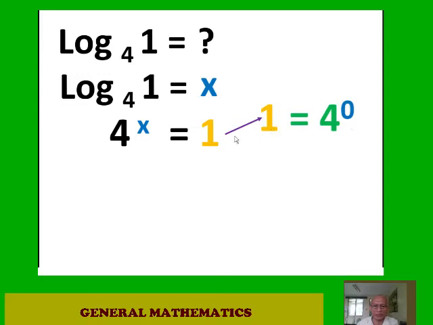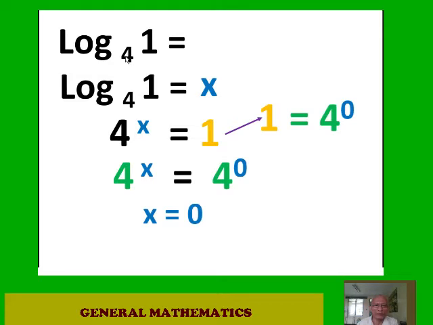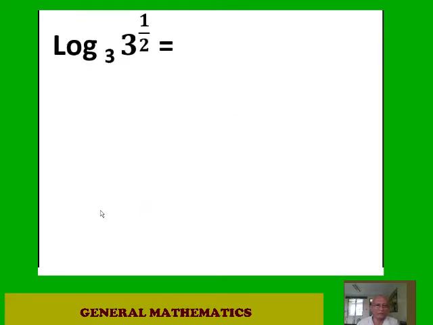So we choose 4 as the base because on our left side 4 is the base. So replace 1 with 4 to the 0. So we have here an equation with the same base on both sides. We can equate the exponent, x equals 0. So the value of log 1 base 4 is equal to 0.